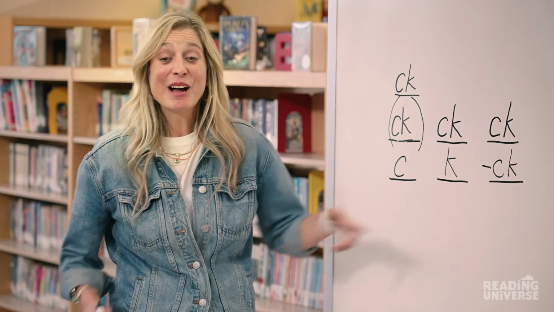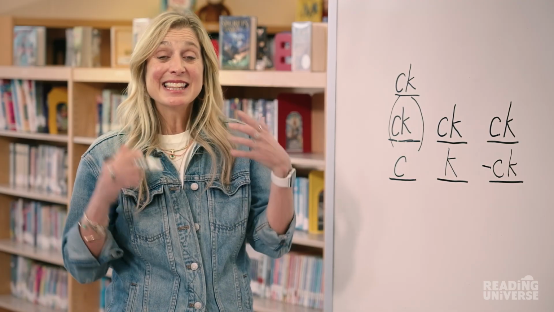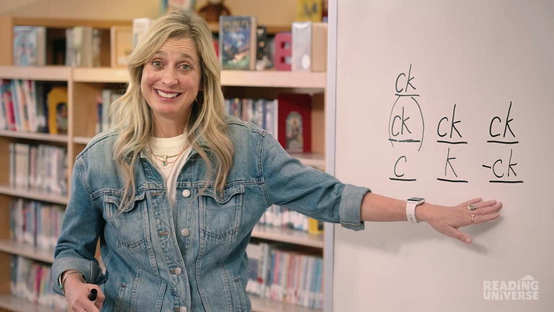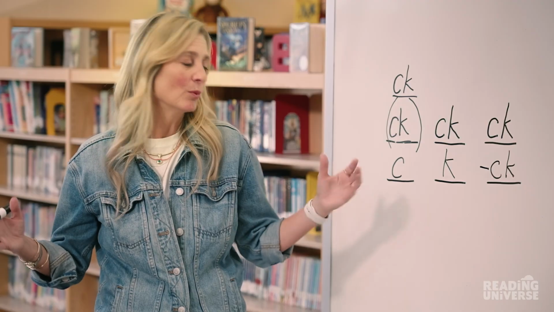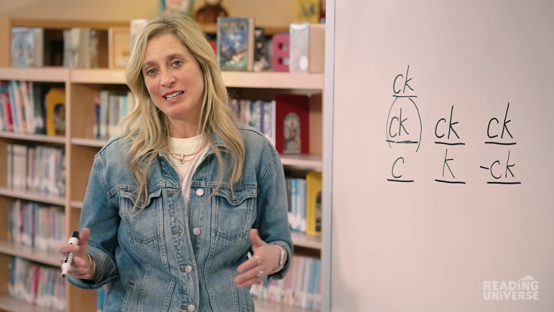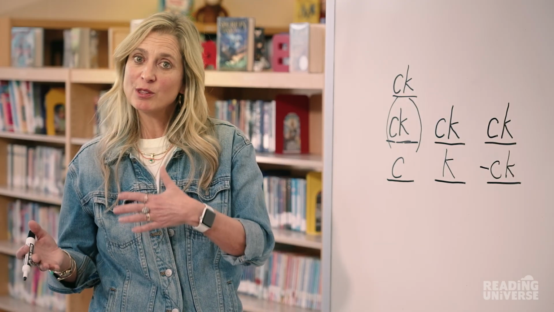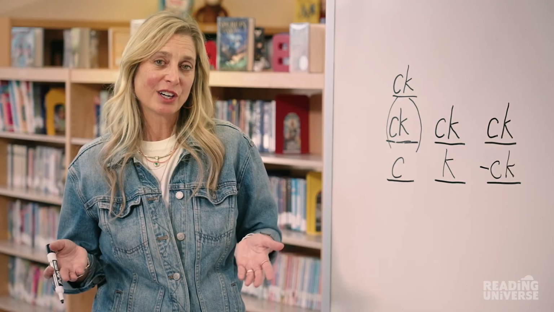And we could talk about, oh my goodness, guys, this sound k has 3 spellings. And now when you are spelling and you hear k, you have to think through how to make the decisions. And we could talk through all their decision making.